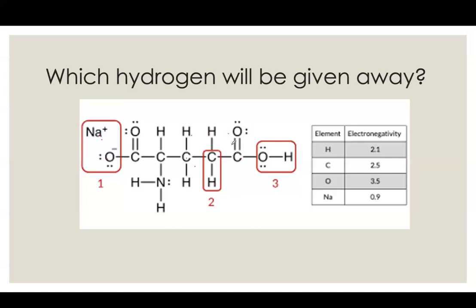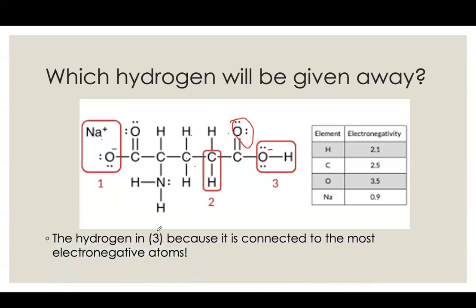The oxygen is more electronegative, but it's far away. In case 3, I have an oxygen right next to a hydrogen. Oxygen is very electronegative, so it can carry the partial negative charge after you give away the hydrogen. Also, not only that, but you have another oxygen in proximity. So therefore, I'm going to say that the hydrogen in 3 is the most acidic hydrogen that will be given away in a Bronsted acid reaction since it's connected to the most electronegative atoms.